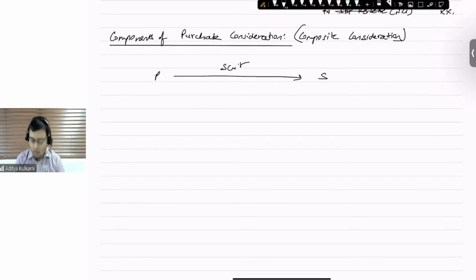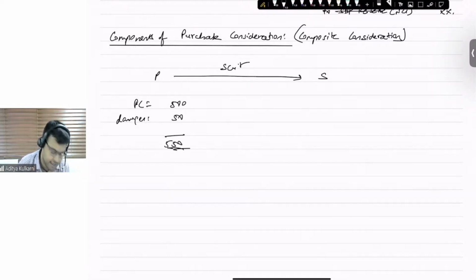Now, let us assume that the purchase consideration is 500, whereas the damages sought is 50. So the total payment that will be made is 550.